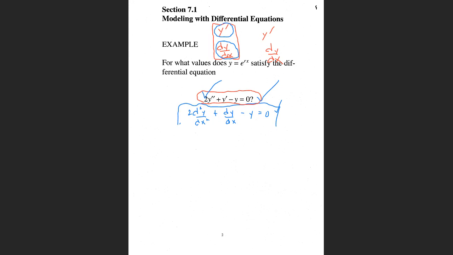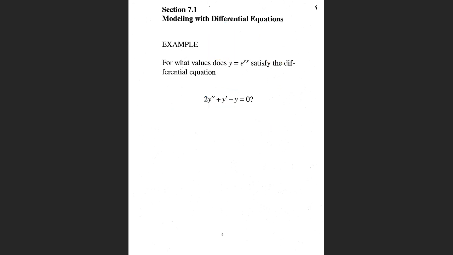And what we want to do here is ask, for what values does y equal e to the rx satisfy this differential equation? When they say what values, they really mean what values of r will satisfy this differential equation?